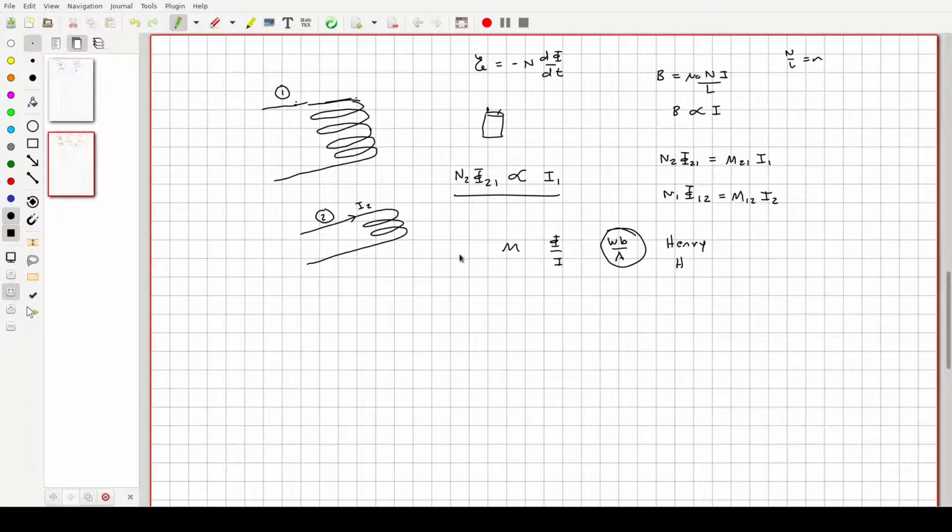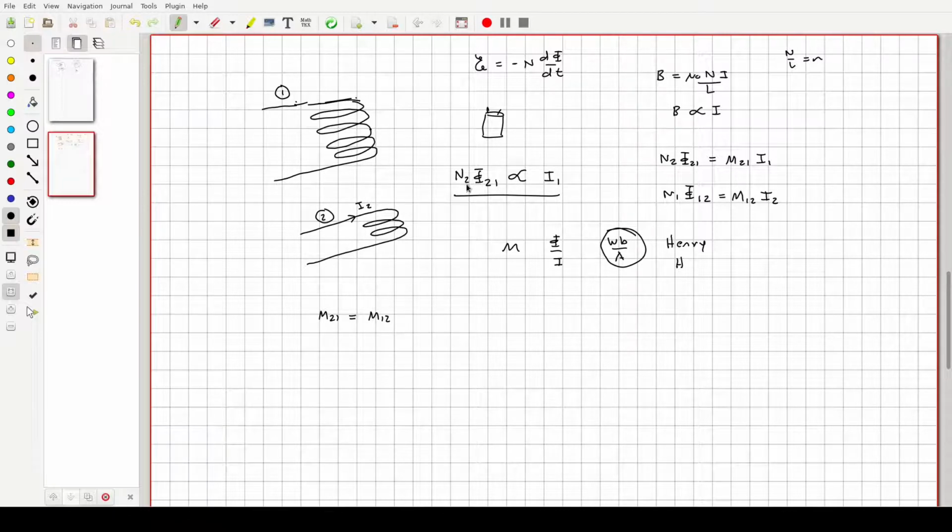Now, it turns out that this is sort of a duality thing. This constant proportionality right here, M21 or M12, they actually end up being the same, which is one of the reasons why you say it's mutual. The effect of coil 1 on coil 2 is mirrored in the effect of coil 2 on coil 1.